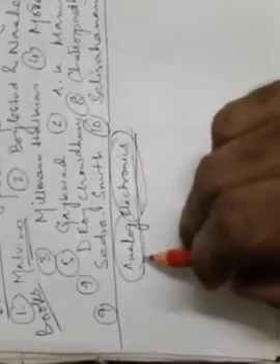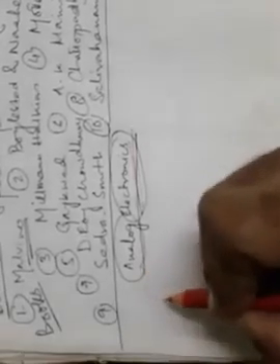And the term analog is especially important as far as electronics engineering is concerned, because these days the term digital is being used everywhere, and you are quite acquainted with this term.